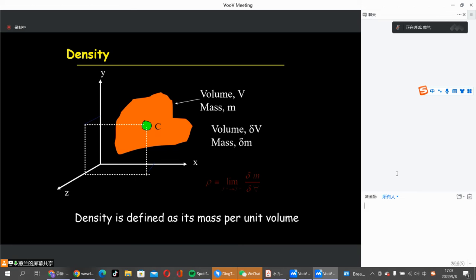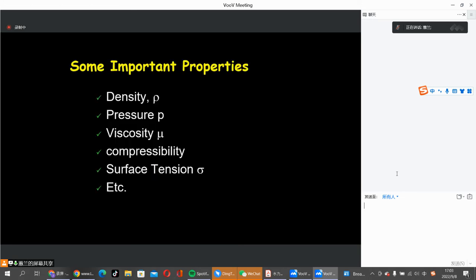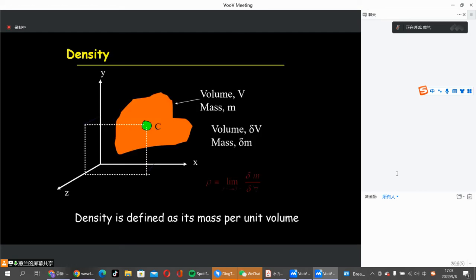Today we'll continue introducing some important properties of fluid. Density, we are quite familiar with, right? Density is defined as mass per unit volume, so it has the unit of kg per cubic meter.